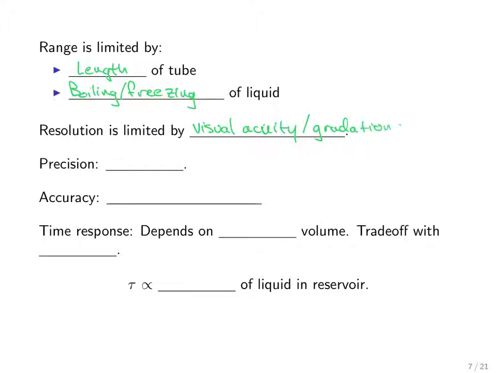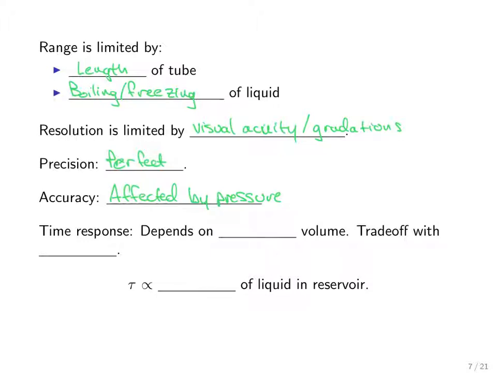That is, the marks along the length of the tube. The precision is perfect, and the accuracy will be affected by pressure, since the delta V will be a function of pressure and temperature.